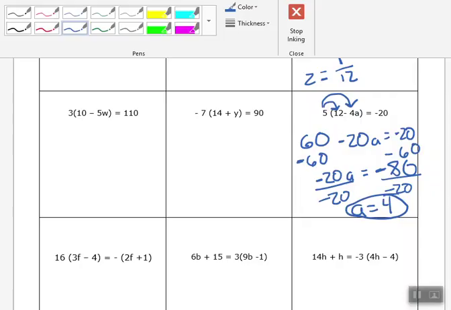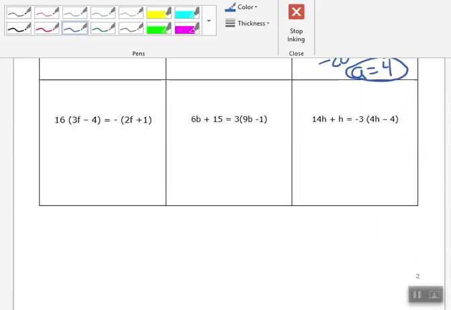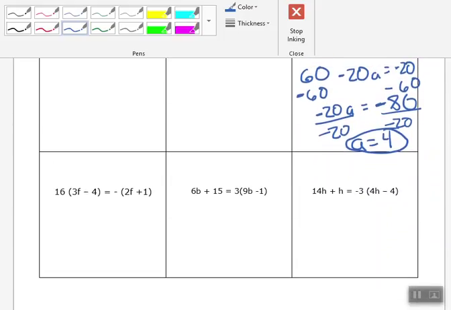All right, and we'll go down here and take a look at one of these more complicated distributive property equations. So first I have to distribute the 16 to the 3f and to the negative 4. So I have 16 times 3 is equal to 48f minus, and then I have 16 times 4 is equal to 64.